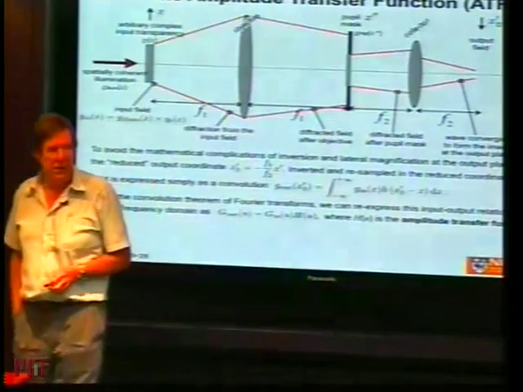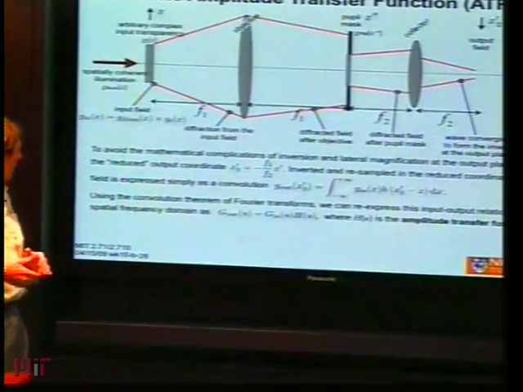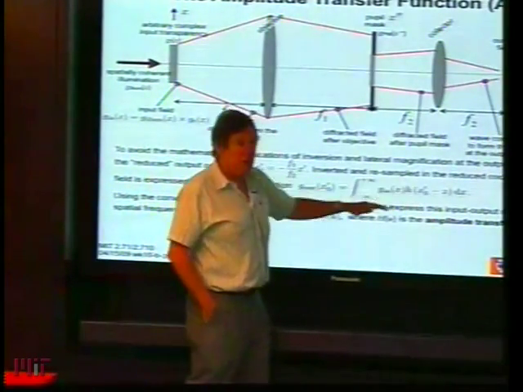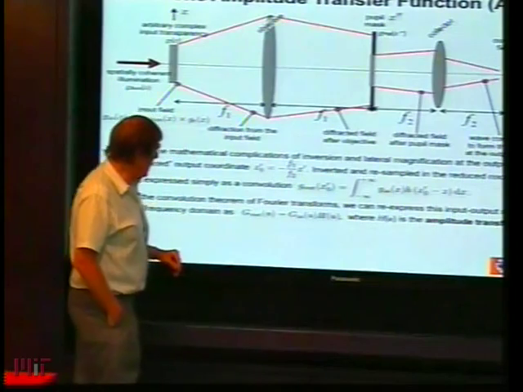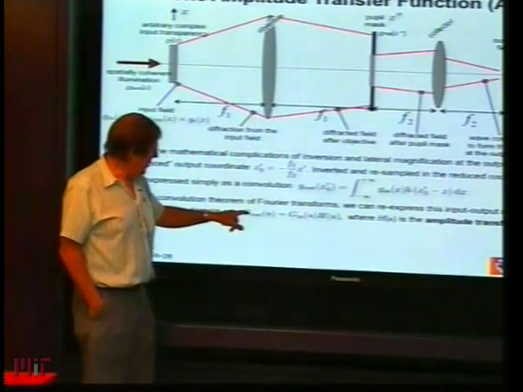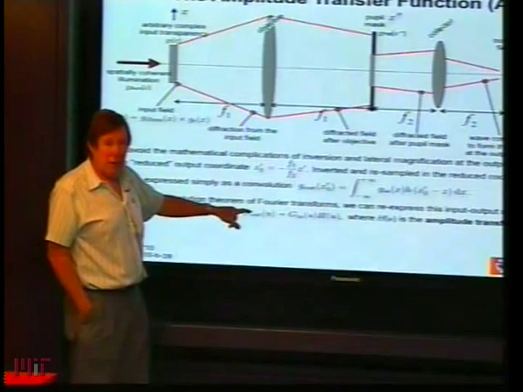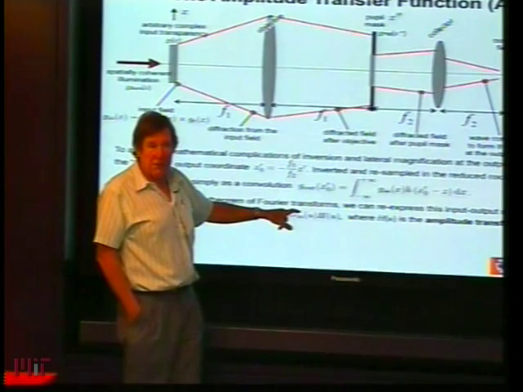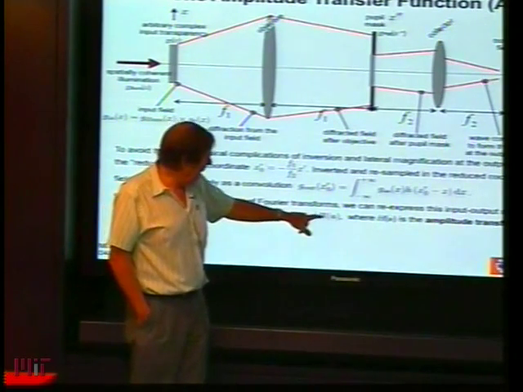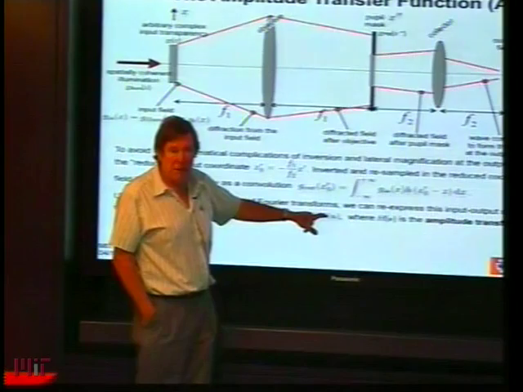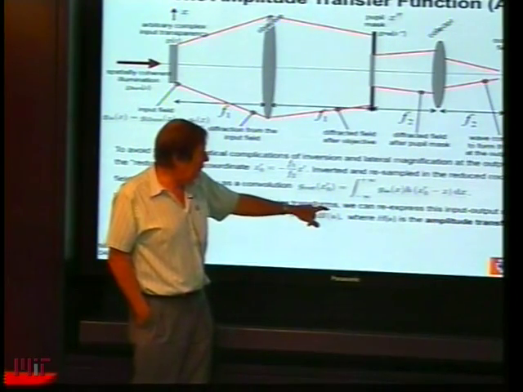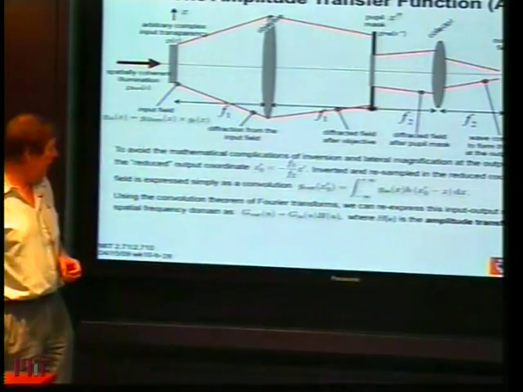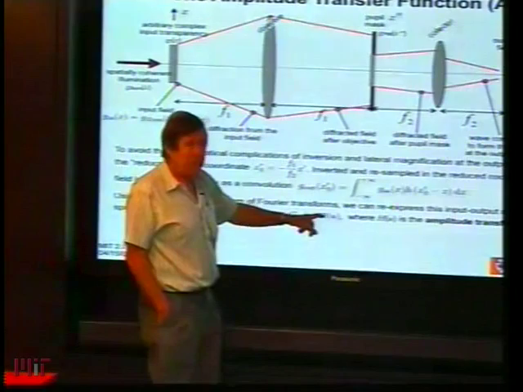If you do a Fourier transform of this convolution, you get a product. So this is saying that the spectrum out, the spatial frequency content of the image, is equal to the spatial frequency content of the input multiplied by some transfer function, which is the Fourier transform of the point spread function. This thing here is called our amplitude transfer function.